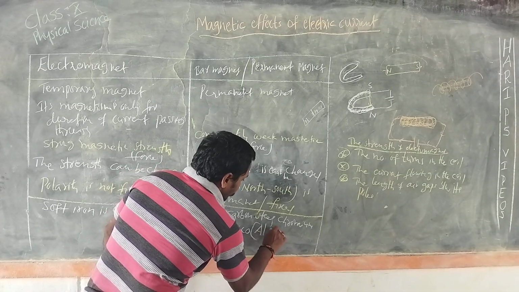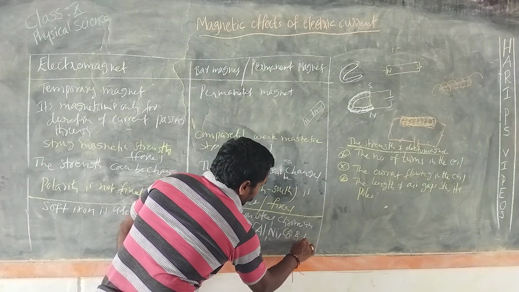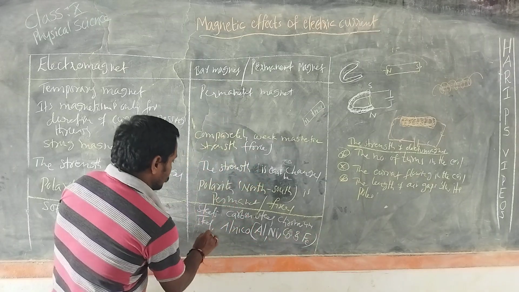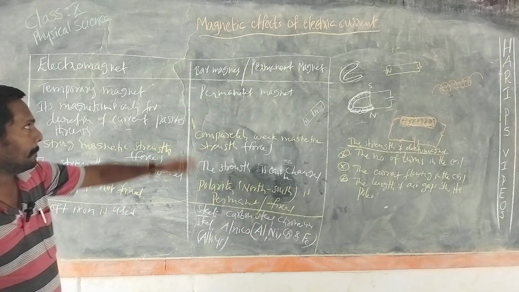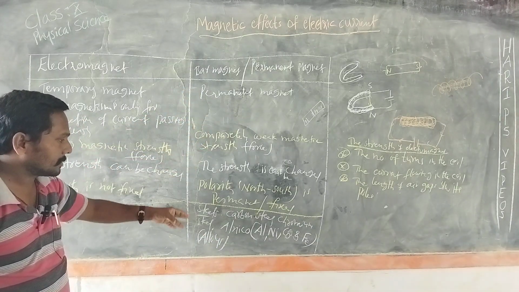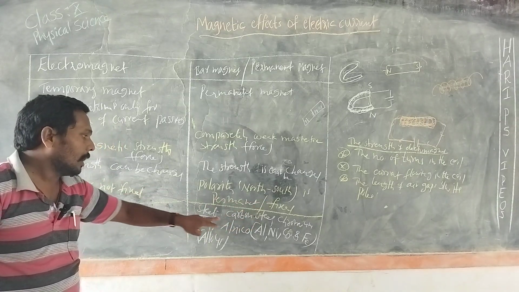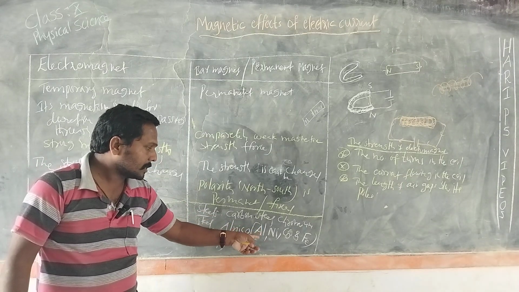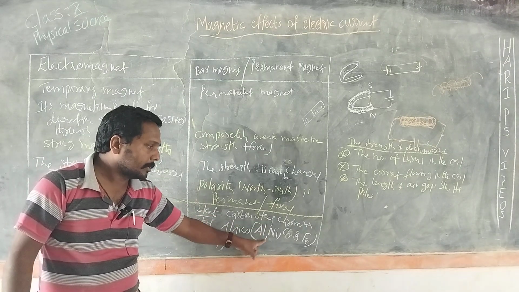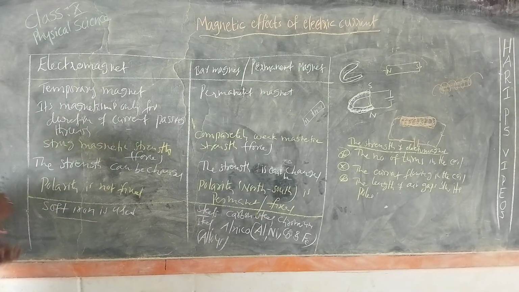So these are all made from alloys. Bar magnets, the permanent magnets, are made from steel alloys: carbon steel, chromium steel, alnico. Alnico is a combination of aluminum, nickel, cobalt, and iron. But electromagnets are made of only soft iron.